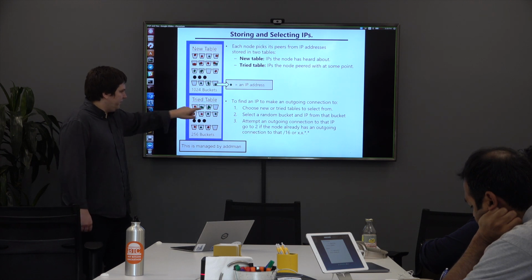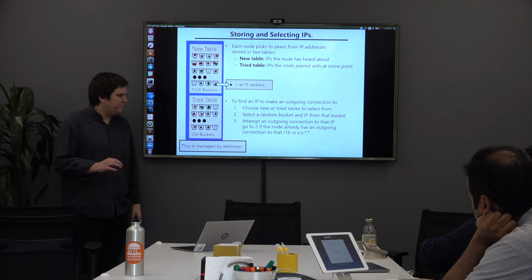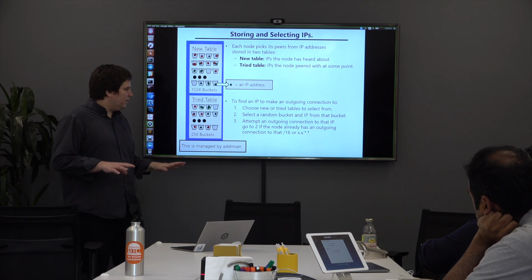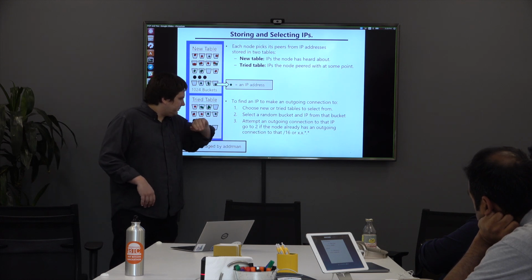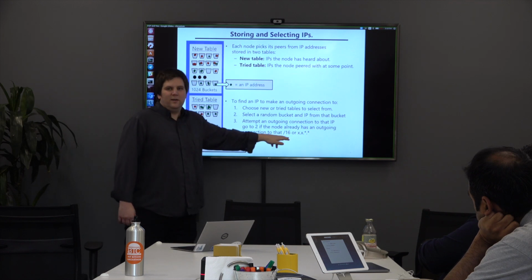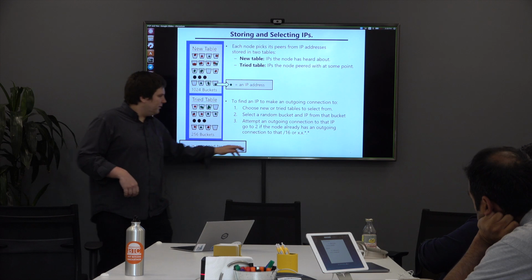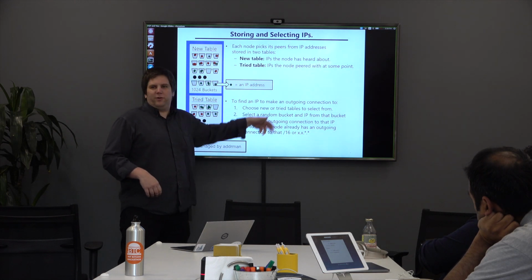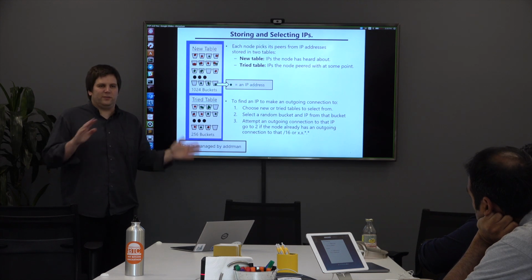Then you attempt an outgoing connection to that IP, with the special rule that if you already have an outgoing connection to the /16 that IP is from, you just retry. So you ensure that each of your outgoing connections is to a different /16.